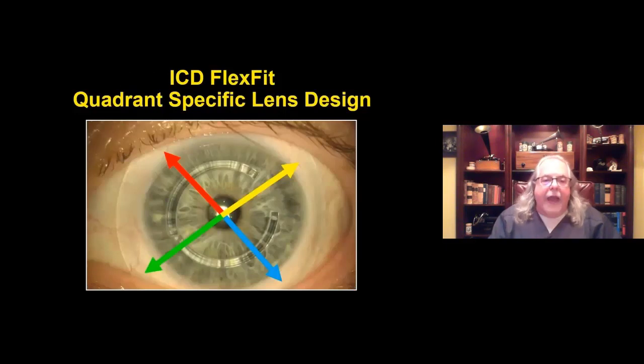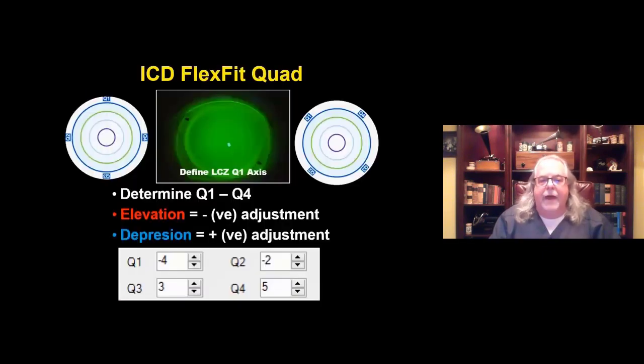Now, the ICD FlexFit is also available in a quadrant-specific lens design. This is how that is used. We identify where that flat meridian is located.